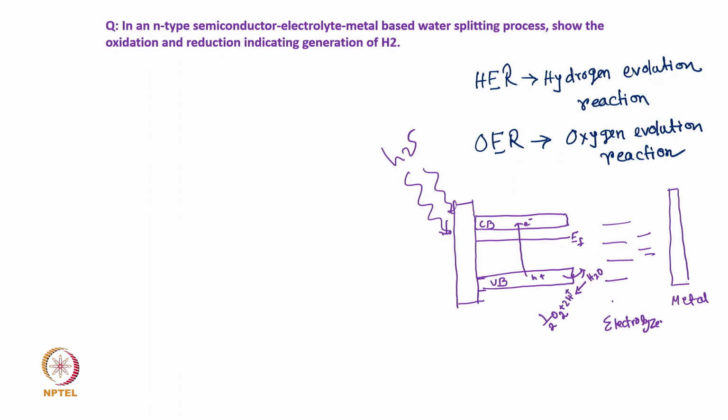There is a reaction which takes place here, and this H plus goes here, and the electron starts its journey, comes here, and the H plus gets the electron. The reaction which takes place here is 2H plus plus 2 electrons giving H2.